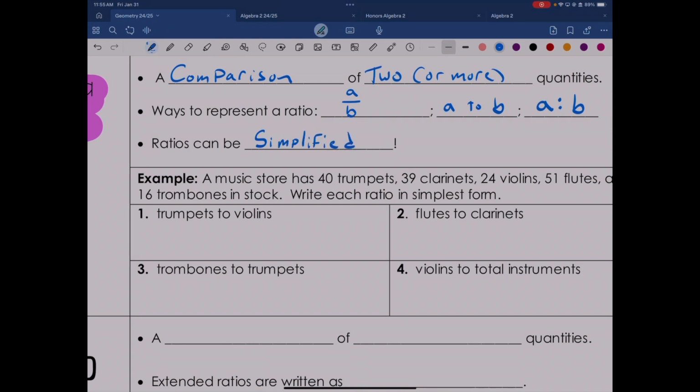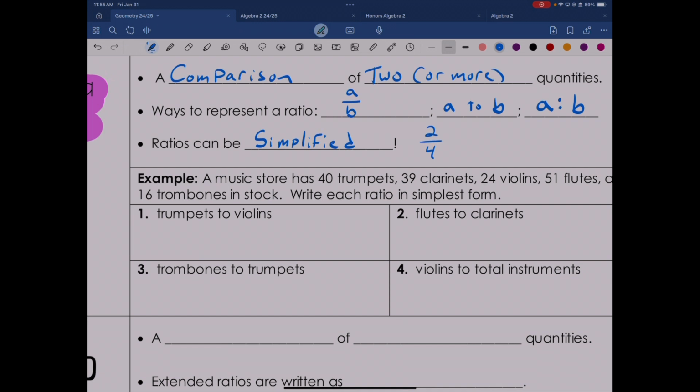Not all of them, but some of them can be simplified. For example, if we had something like 2 over 4, two dogs go to the vet and 4 cats go to the vet, this can be simplified.